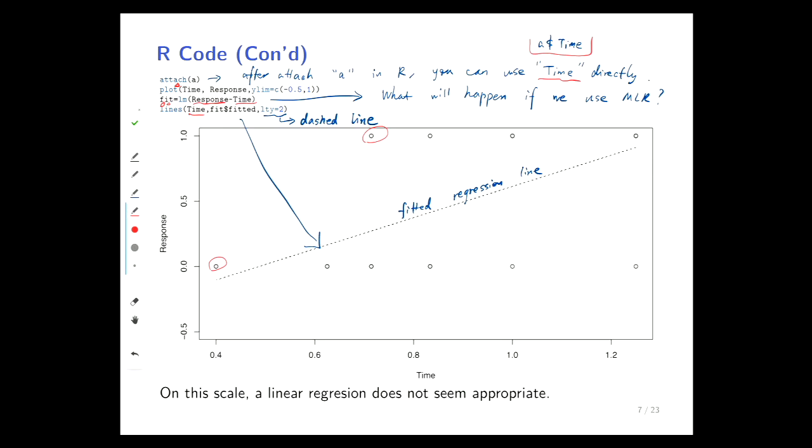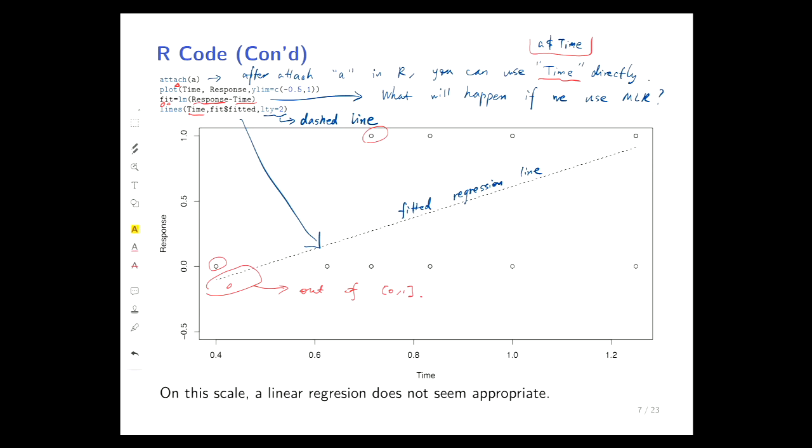But by looking at this regression line, we find some kind of problem. The problem is actually here. Some part of the regression line is out of the range of 0 and 1. For instance, some part of the regression line is actually negative, but the response variable can never be negative.